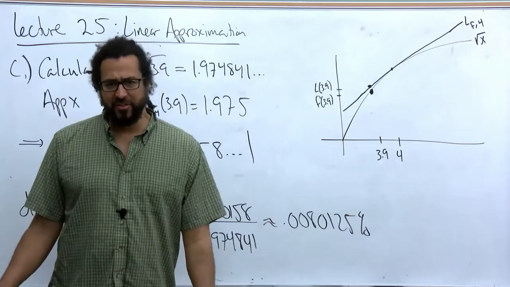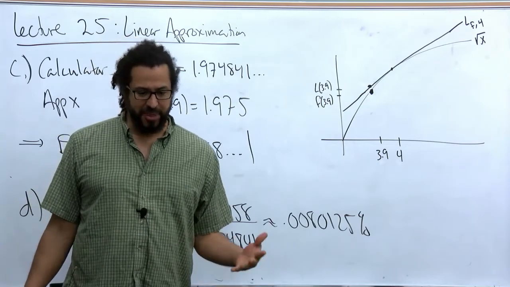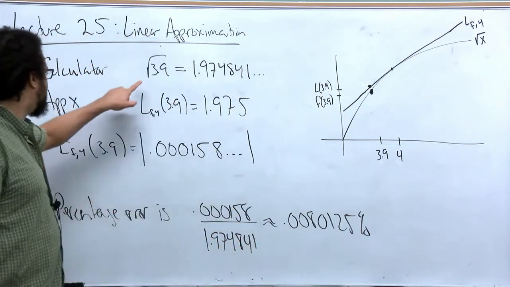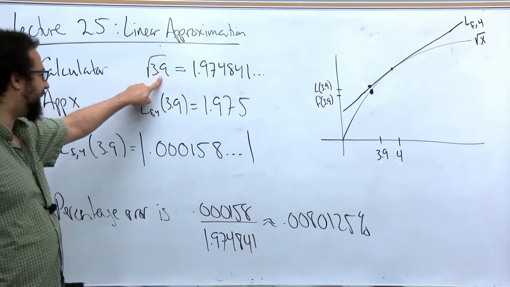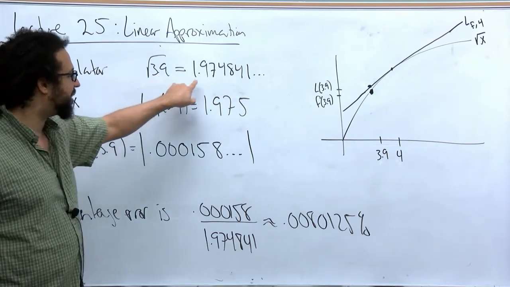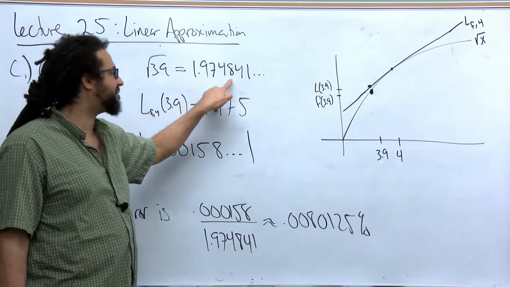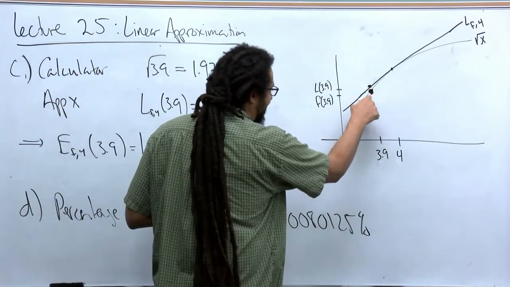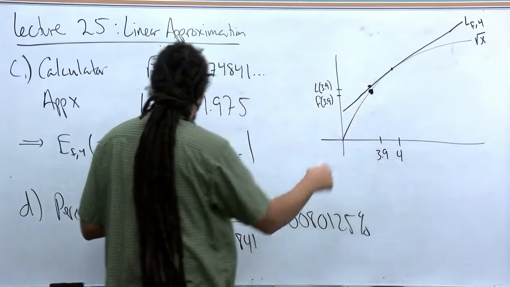All right, so these last two parts are just to get a better idea of how well this approximation is working. So the actual calculator value of the square root of 3.9 is roughly 1.974841. So that's this dot right here. That's the actual value of the square root of 3.9.